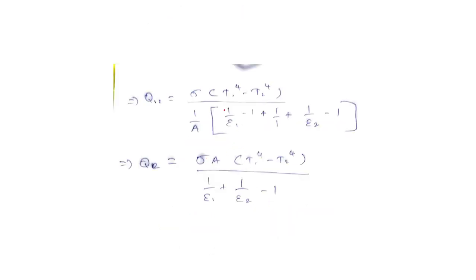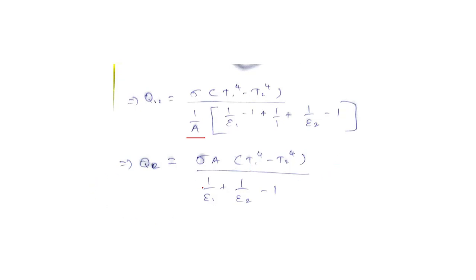So substituting all these values in this equation, we get Q12 is equal to sigma (T1 raised to 4 minus T2 raised to 4) upon, taking area as common, A times [1 upon epsilon 1 minus 1 plus 1 upon 1, since shape factor is 1, plus 1 upon epsilon 2 minus 1].